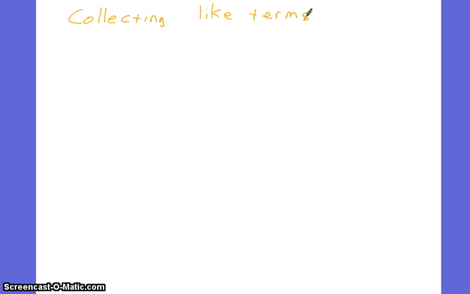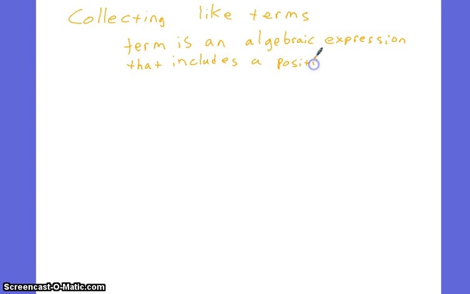There's a couple of things that you need to keep in mind. The word term is an algebraic expression that includes a positive or negative number and may include variables.